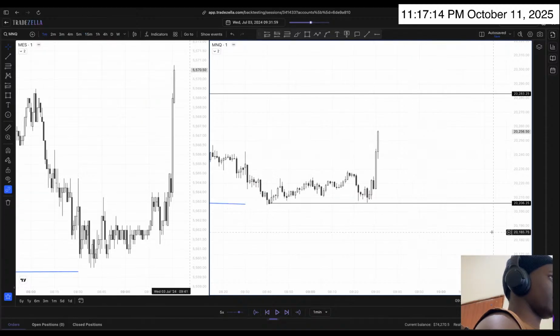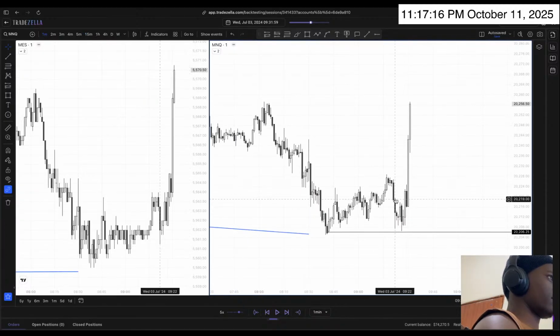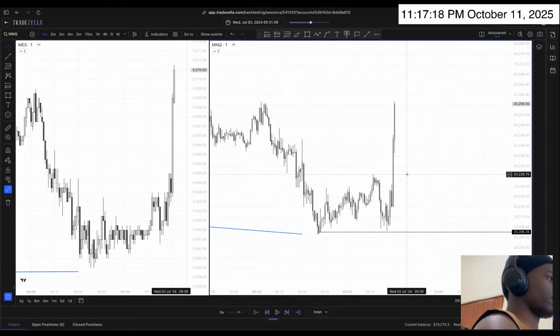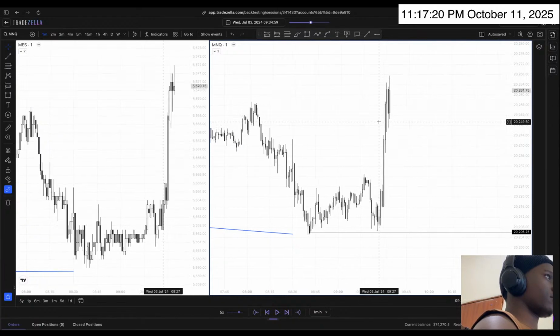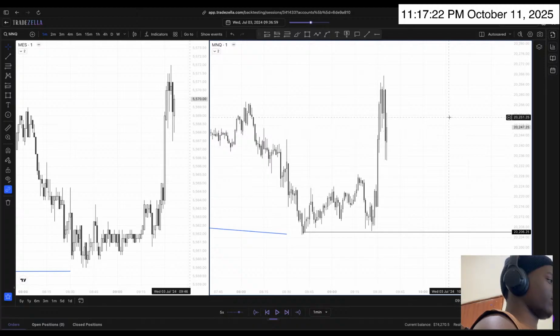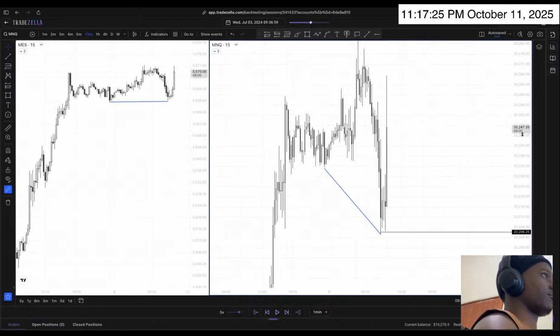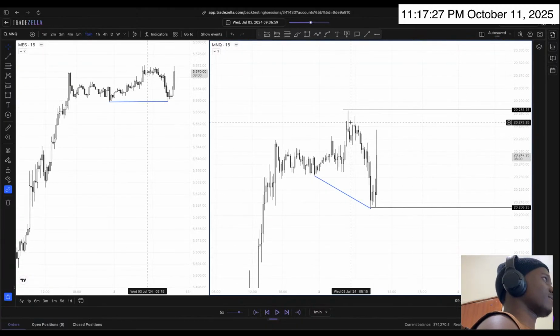Now the 1 minute. See the retracement back into the gap. Check the 15 close.